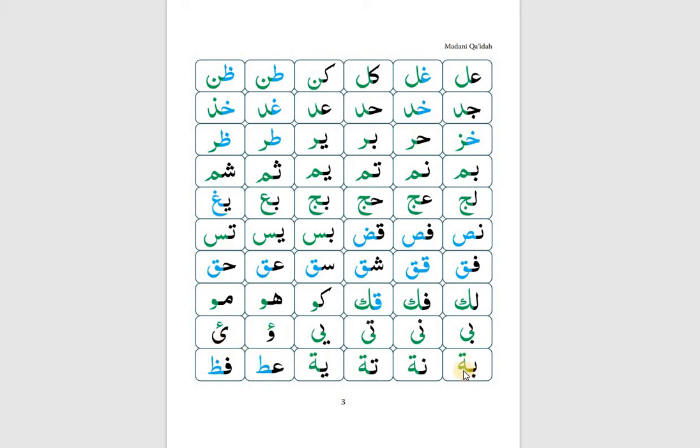Ba, ta. This is the round shape of ta. Okay.